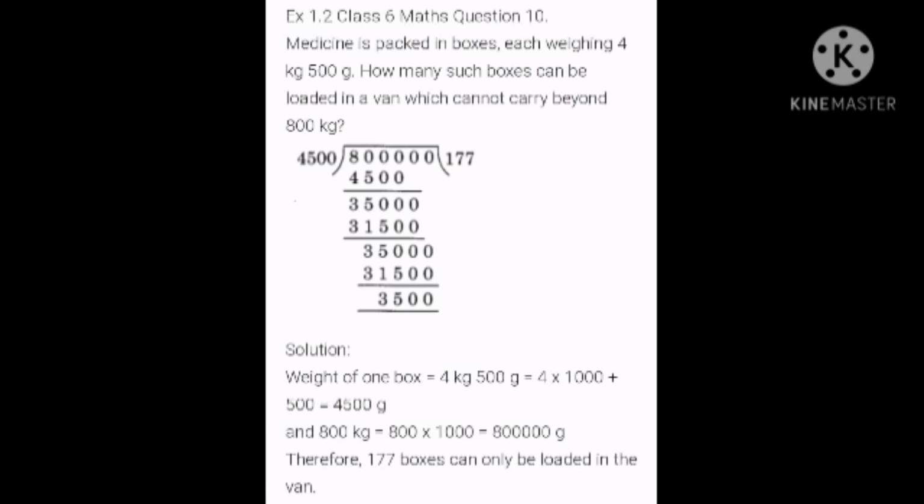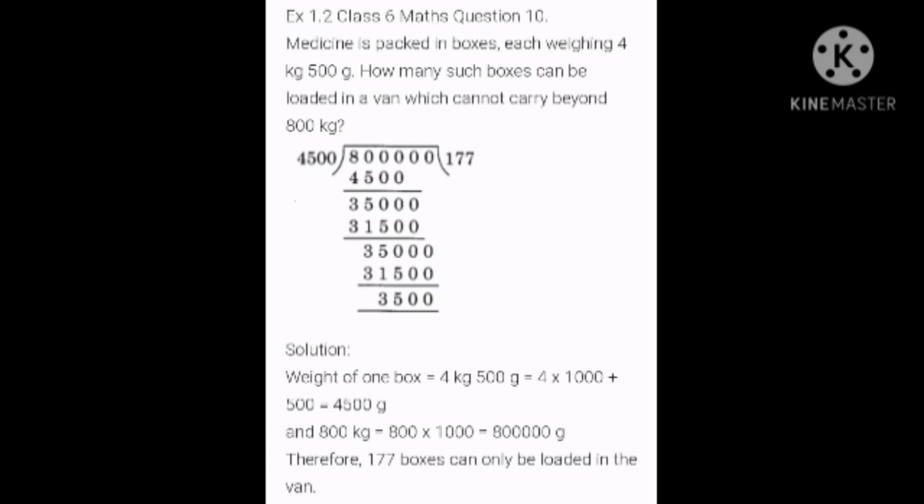So as in the previous question, we are going to convert the unit kilogram into gram. So how will you convert? Multiplying by 1000. So 4 into 1000 gives you 4000. 4000 gram plus 500 grams gives you 4500 gram. And you have 800 kilogram.